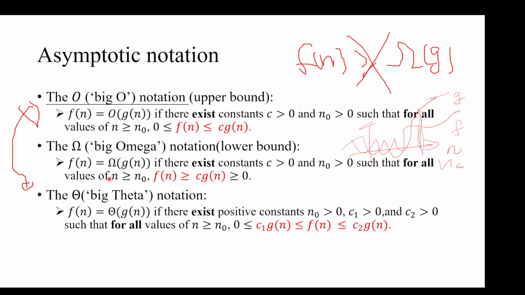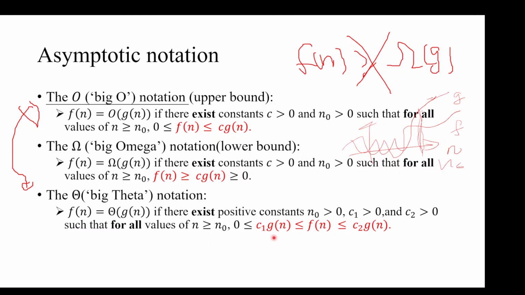And then there is the big theta notation, which means f and g both satisfy big O and big omega. So f of n equals big theta g of n means that basically when n goes to infinity, f of n is kind of equal to g of n.